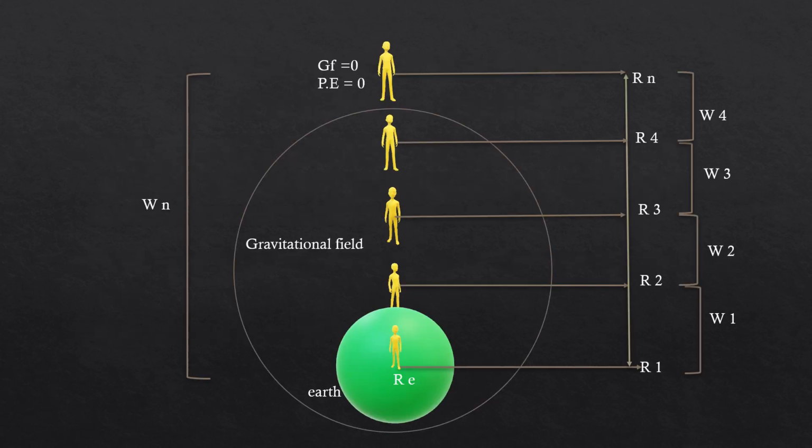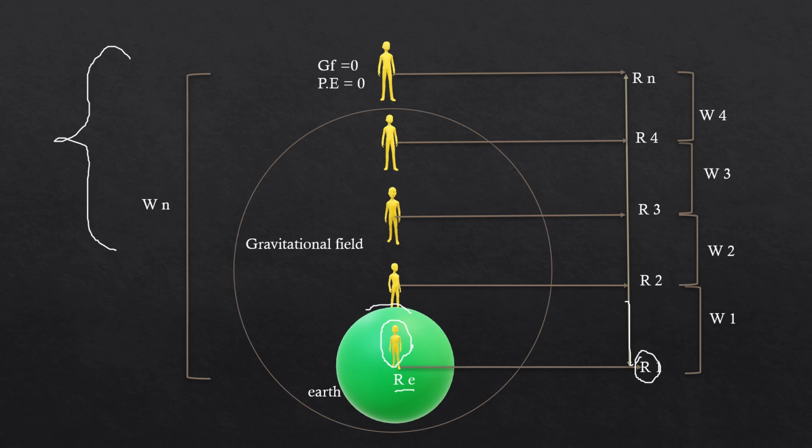Now here is a structure for how we can calculate the gravitational potential energy. A body is standing here, and RE denotes the radius of the earth. The distance from the center of the earth to the body is R1.